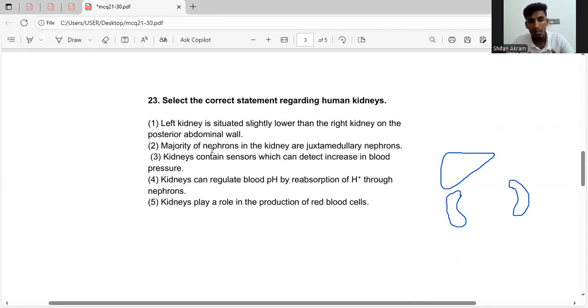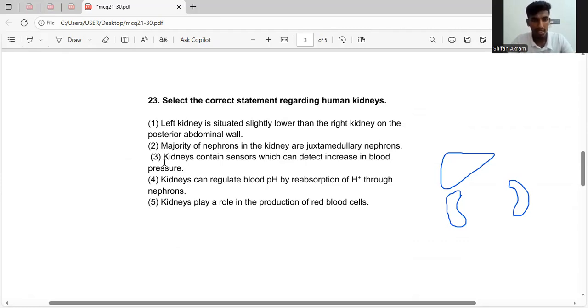But juxtamedullary nephrons are only involved in concentration of urine. So we don't need much of them. But the statement says the majority of nephrons are juxtamedullary nephrons, but it is usually the other way around. The majority of nephrons should be cortical nephrons, right? So again, we can eliminate this answer because the majority of nephrons are cortical nephrons, not juxtamedullary nephrons.